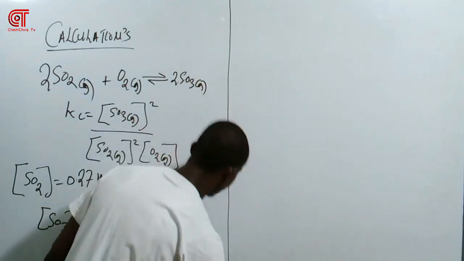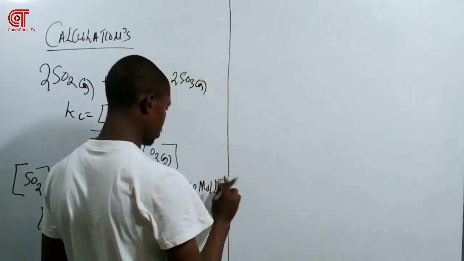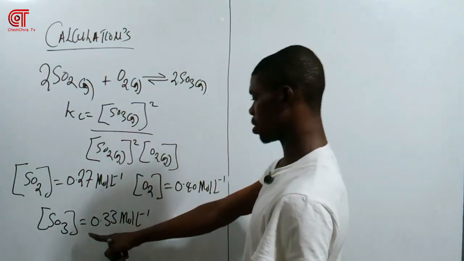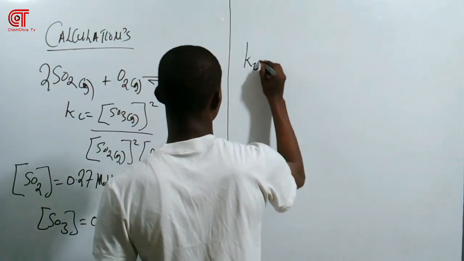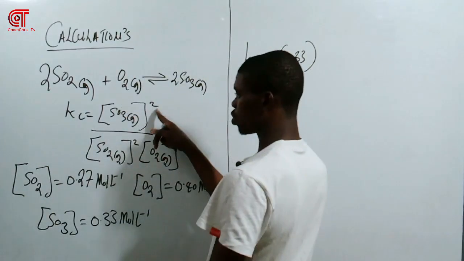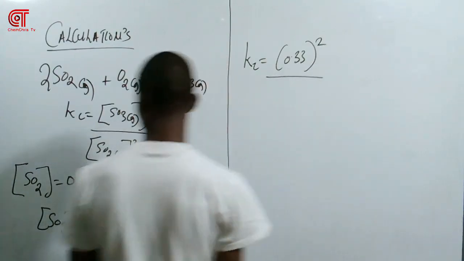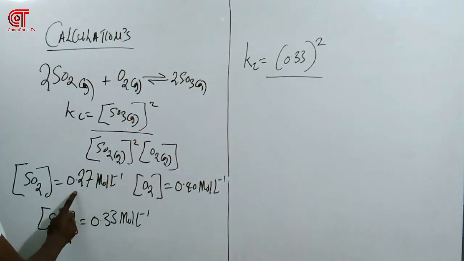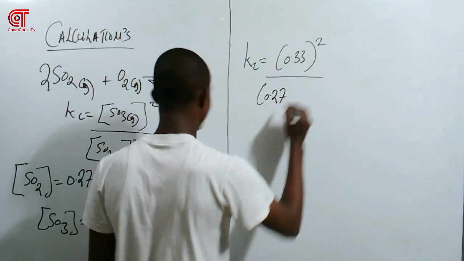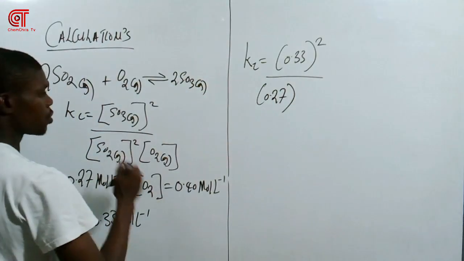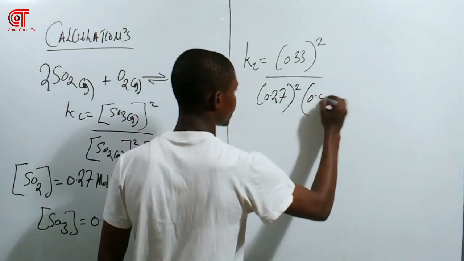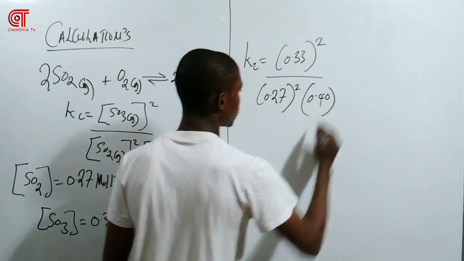So substitute your values. SO3 is 0.33, so Kc equals 0.33 raised to 2, over SO2, which is 0.27, raised to 2, then O2 is 0.40.